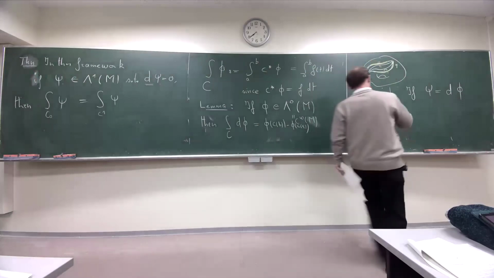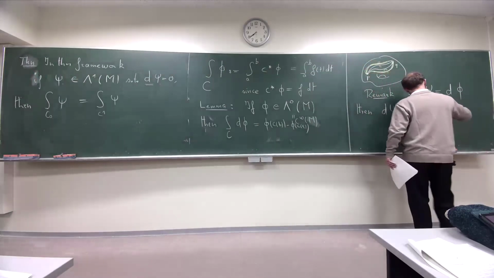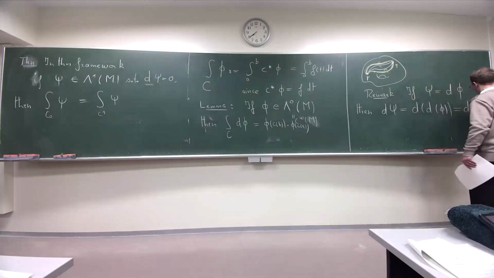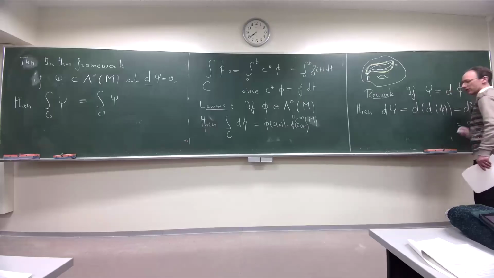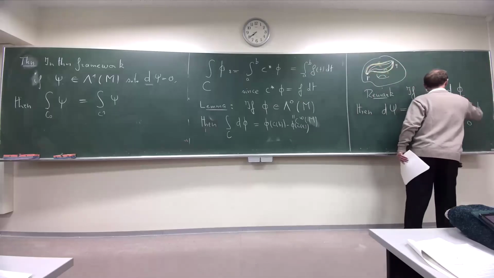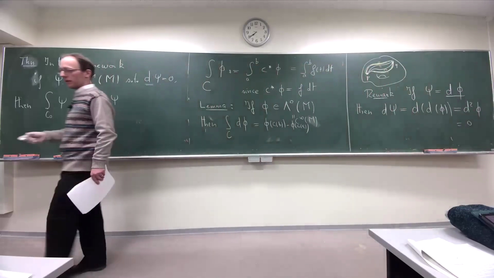Then d psi is d of d phi, which is d squared of phi, and we know that this is 0. So if you start with a psi which is of this form, then automatically it satisfies this condition.